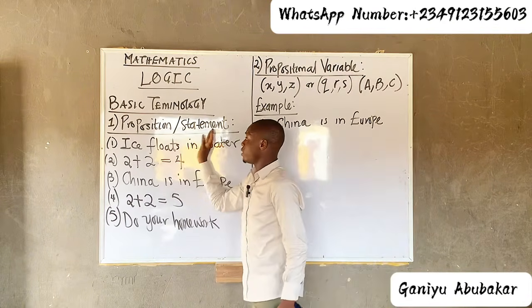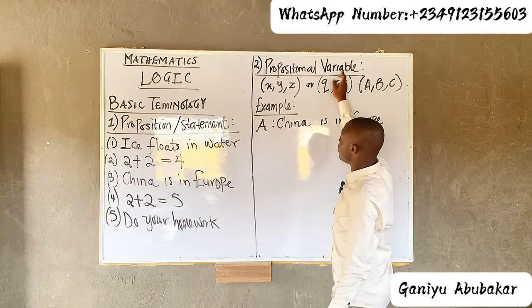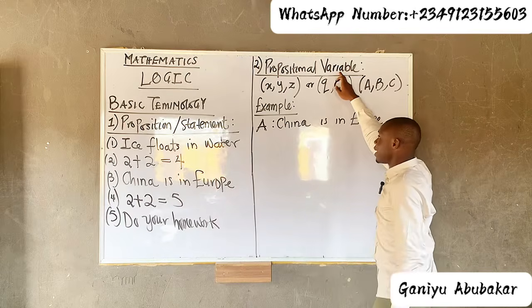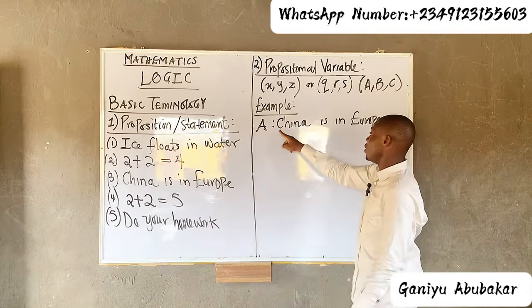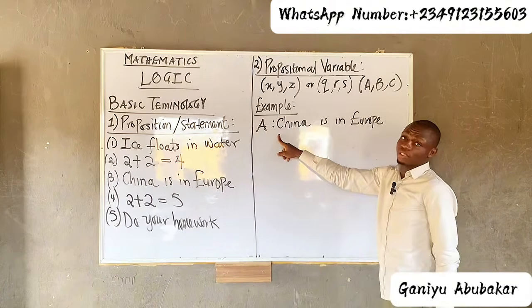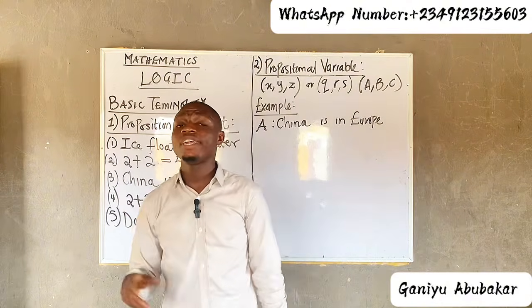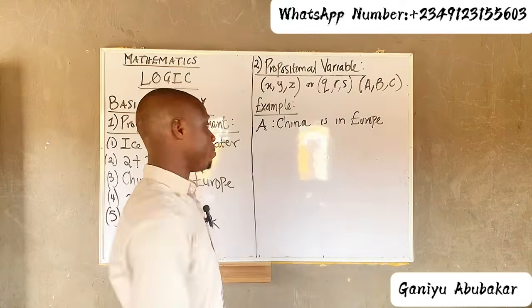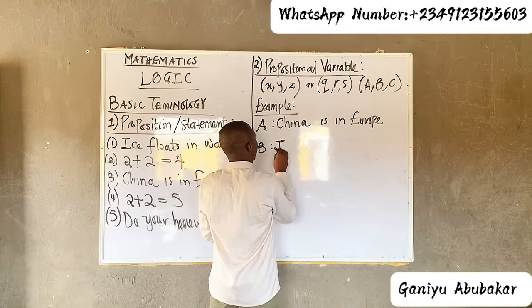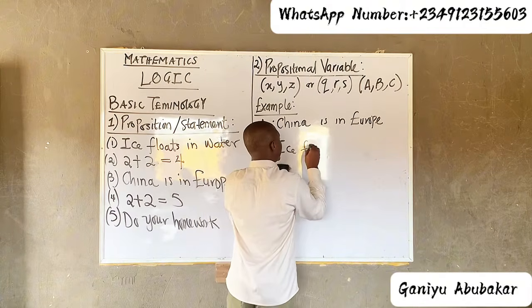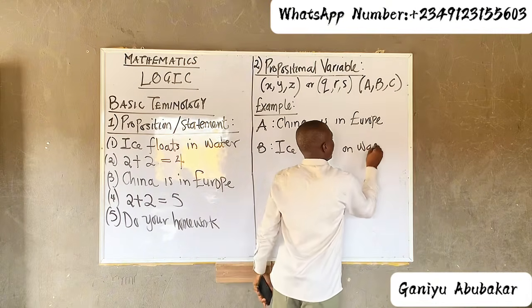A propositional statement. But this A is called a propositional variable. So I'm saying that a propositional variable is a symbol used for representing a propositional statement. So anywhere I see A, I know that A represents China is in Europe. Of course I can have B as being ice floats on water.